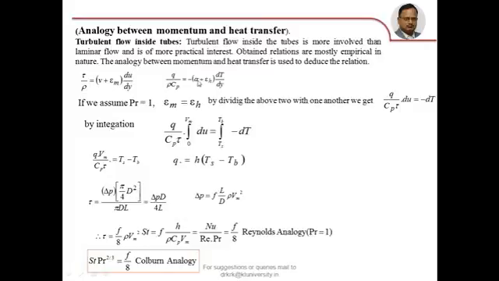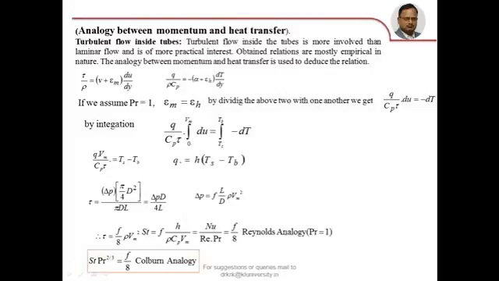Similarly, the equation for heat transfer is heat flux q equal to minus k dT/dy. That k can be expressed as alpha times rho Cp. Therefore q by rho Cp is alpha dT/dy, where alpha is thermal diffusivity. In addition to this thermal diffusivity, in case of turbulence, due to the eddy diffusivity of momentum, eddy diffusivity of heat also arises.